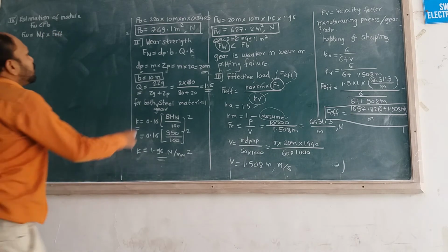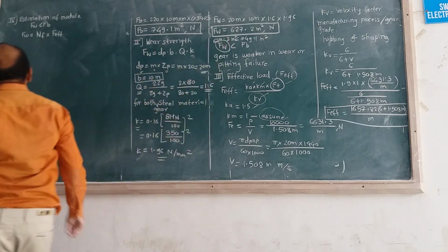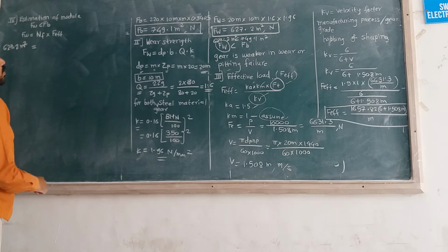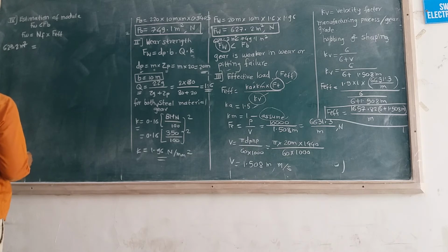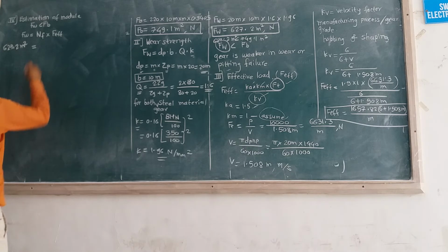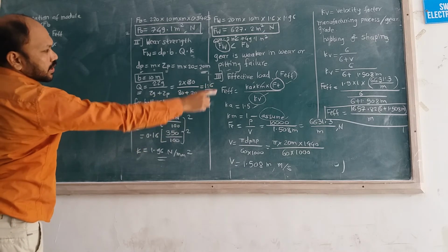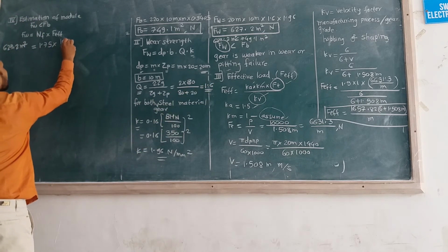So FW we already calculated. We substitute that value, that is 627.2 times module square. Okay, is equal to factor of safety value which is available. So factor of safety is 1.75, and now F effective I already calculated here, 1657.